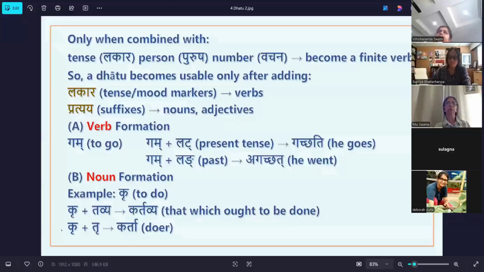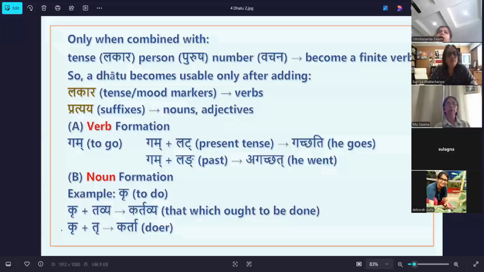Now, how are verbs formed? For example, take the gam dhatu. Gam plus lat, present tense, gives gacchati. Gam plus lang, past tense, gives agacchat, meaning he went. Now noun formation from a dhatu. Kri, if you add tavya, a suffix, becomes kartavya, what should be done.